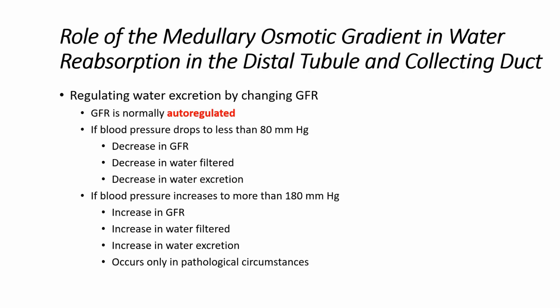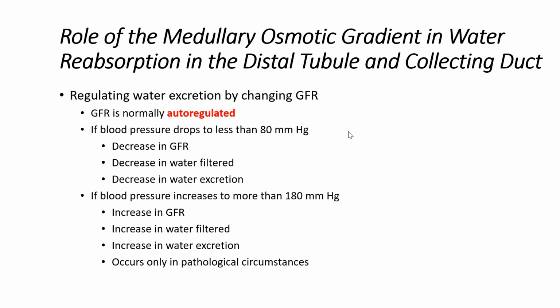Okay, let's talk a little bit here about GFR and regulating GFR. So we began this conversation, we talked about the fact that GFR is very tightly regulated. We like GFR to stay at 125 milliliters per minute, even in the face of changing blood pressure. That is, if blood pressure is between 80 and 180. So if blood pressure is between 80 and 180, GFR is 125, and because of the intrinsic mechanisms that we described in a previous packet, we strive to keep GFR at 125, even though we have slight fluctuations of blood pressure.